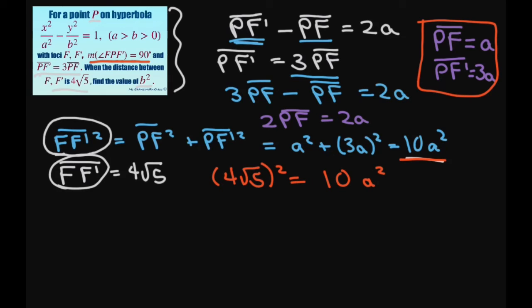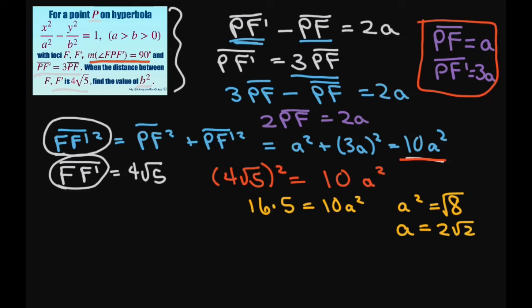All right. And then solving this, we're going to get 16 times 5 equals 10A squared. Therefore, A squared is going to equal 8. And if you square root both sides, you're going to get A equals plus or minus 2 square root of 2. And we're just going to take the positive for this A.